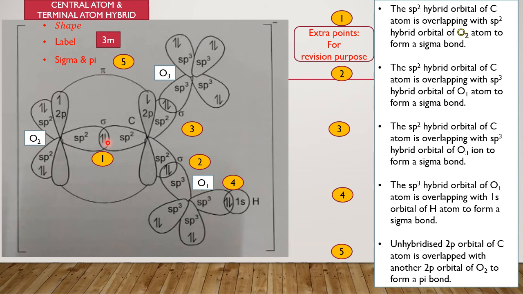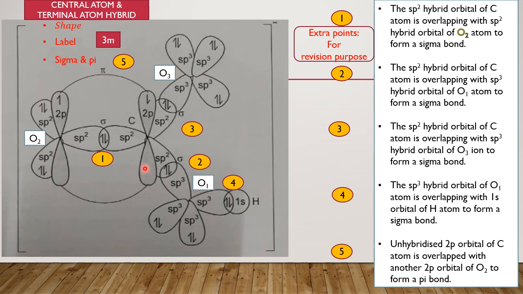If the pi bond is from pure orbitals, we look at point 2: you can mention the pure 2p orbital, or unhybridized 2p orbital, of the carbon atom overlaps with another 2p orbital of the O2 atom to form a pi bond.